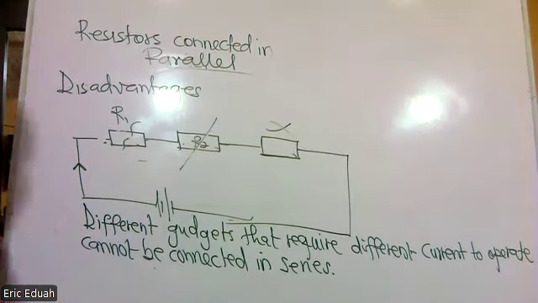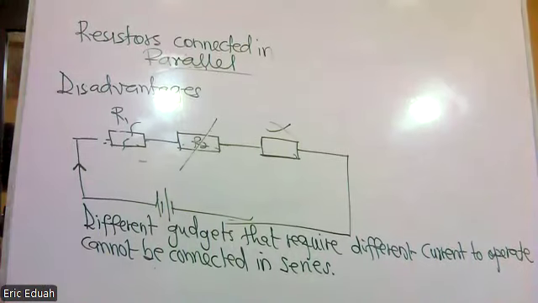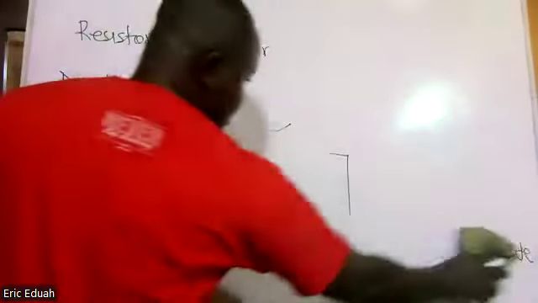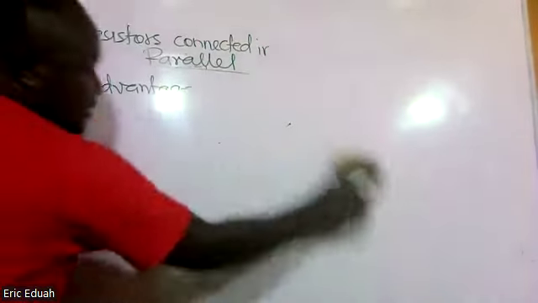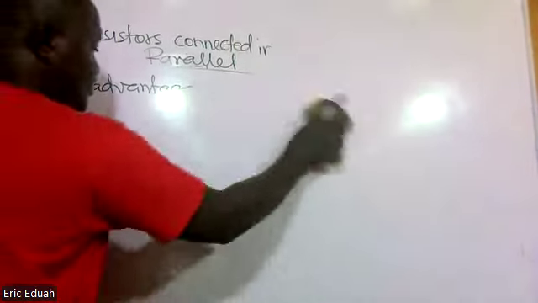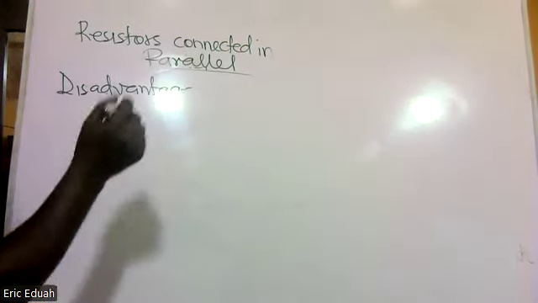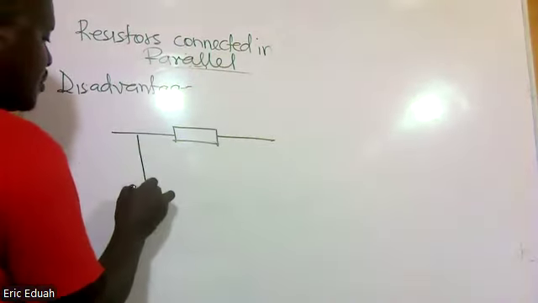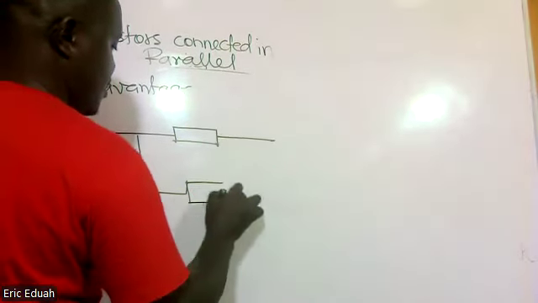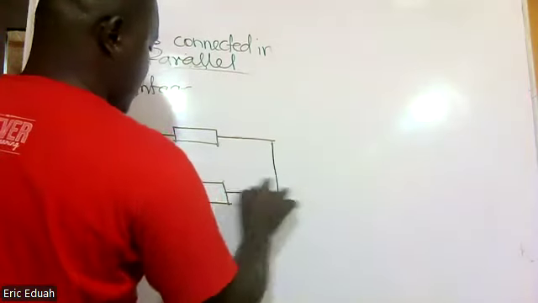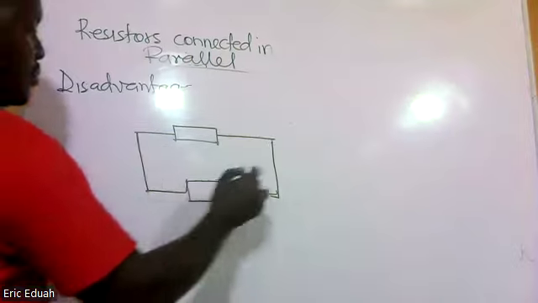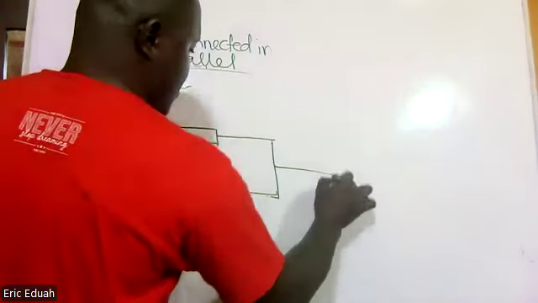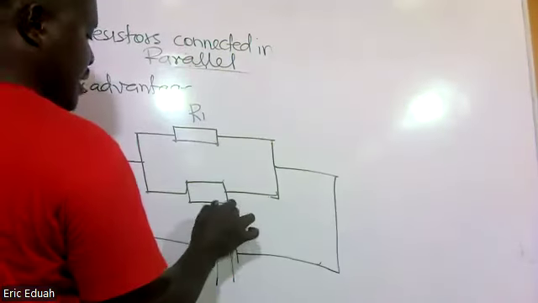Let's look at parallel connection. If loads, gadgets, devices are connected in parallel, what are the advantages and disadvantages? Connected to the source, R1, R2.